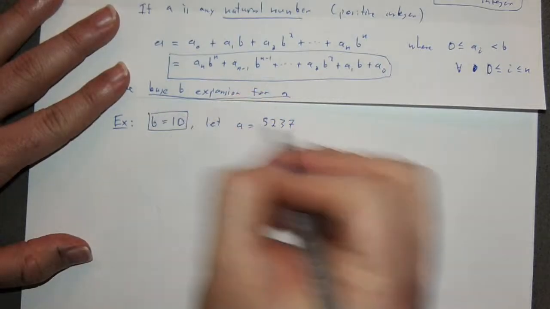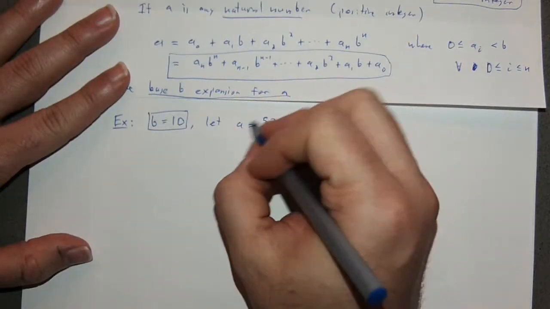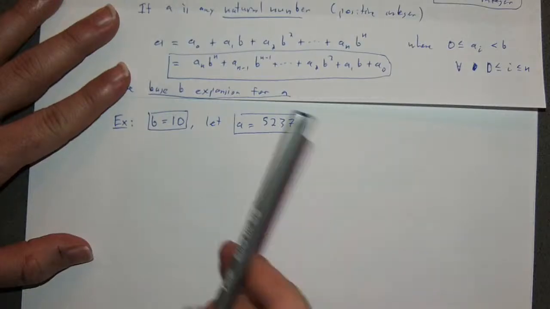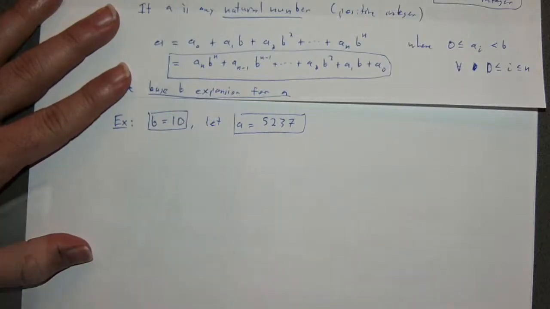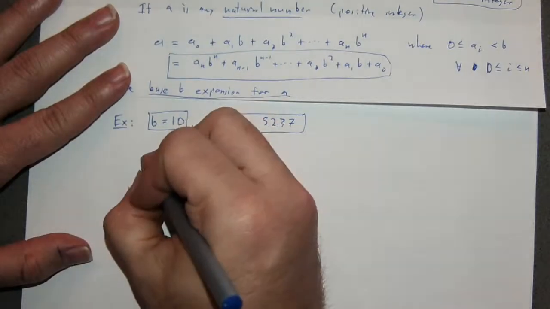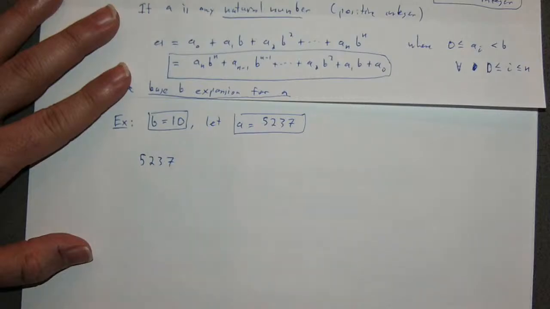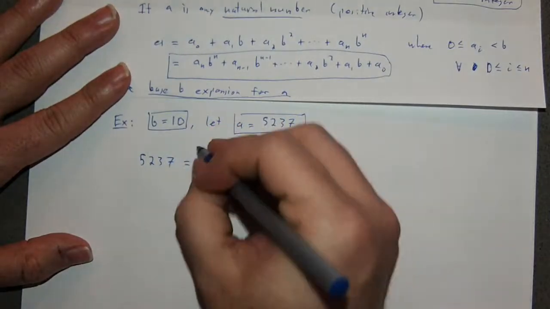So b is 10, a is 5,237. I want to write 5,237, that's my a, in the following form.